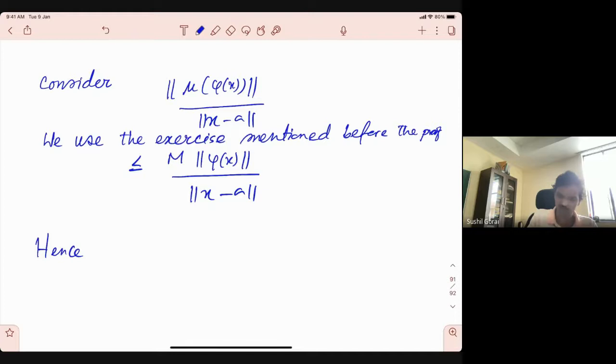This is true for all x in R^n minus a, for some m greater than 0.